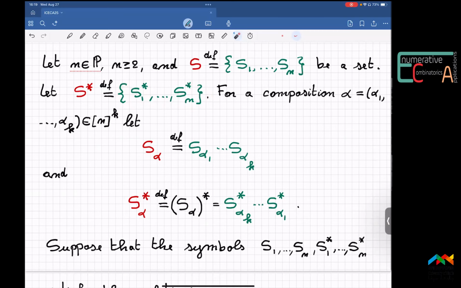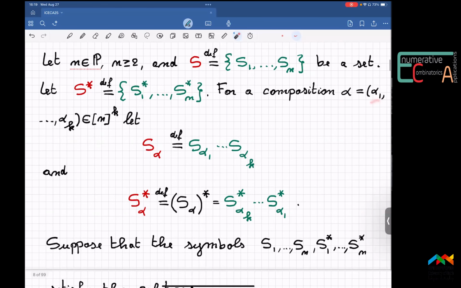If I have a composition alpha in [n]^k, so these are k integers, each one from 1 up to n, then I'll use this shorthand notation. I'll denote by S_alpha the word S_alpha1, ..., S_alphak. You can think of it as a product if you want, I would say a word. And I'll denote by S_alpha star the word S_alphak star, ..., S_alpha1 star. So somehow the star reverses the order of the factors.